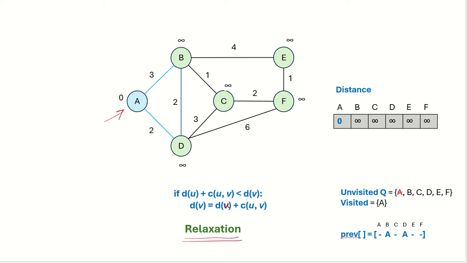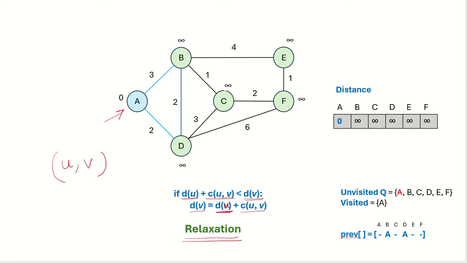Relaxation says that if there is an edge between two vertices U and V, and the distance of U plus the cost of the edge between U and V is less than the distance of V, then we will update the distance of V, and it will become distance of U plus cost of the edge between U and V.